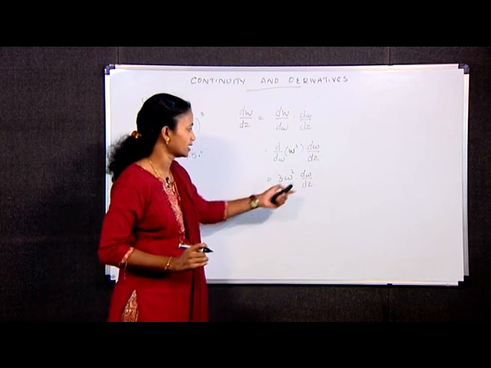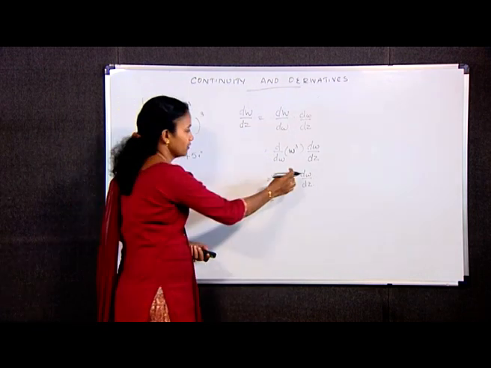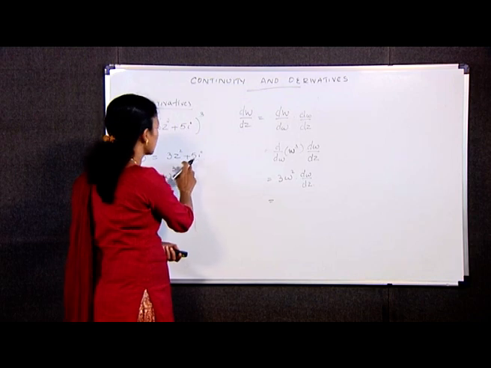Here we have w is equal to 3z square plus 5i.